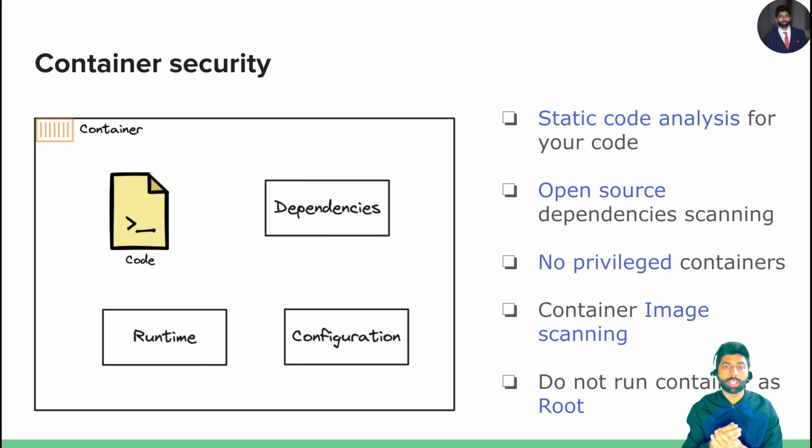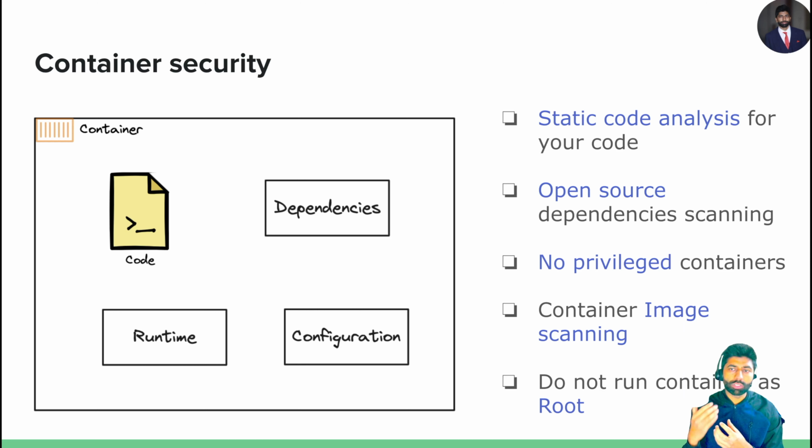But how do you ensure that? You can ensure that by performing a static code analysis of the application code. And there are various tools and technologies available to help with static code analysis. You also need to perform security scanning of your open source dependencies, which are part of your application. Open source dependency scanning ensures that your application does not bring any vulnerabilities from those third-party libraries.